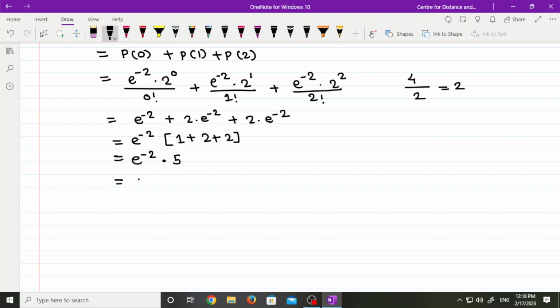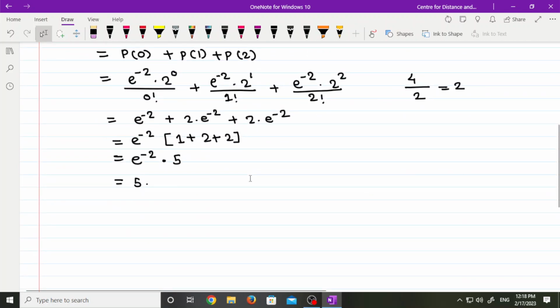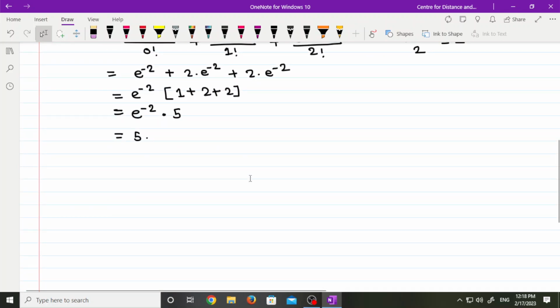which is equal to 5 into, here in the question the value of e raised to minus 2 is 0.1353, and when we multiply 5 by 0.1353, we get 0.67667.